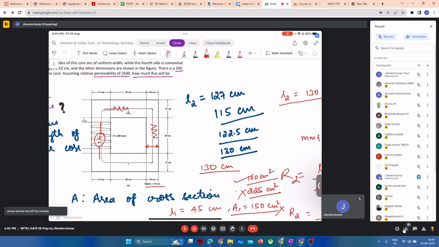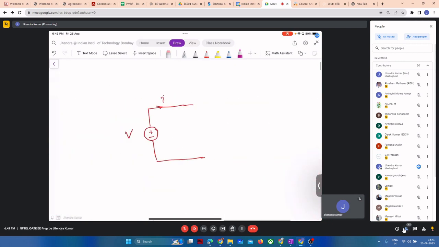Series connection, yes, exactly. Why? Because in a series connection, the current is the same for both portions. Here also, the flux traveling through the core is the same whether it is the R1 section or the R2 section. So they should be connected in series. Let me go ahead and connect them in series.